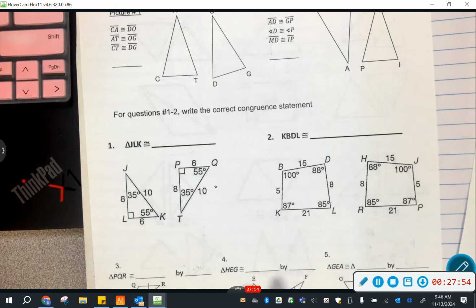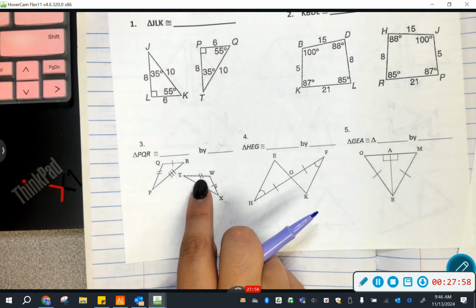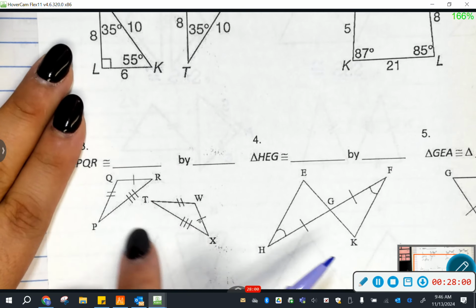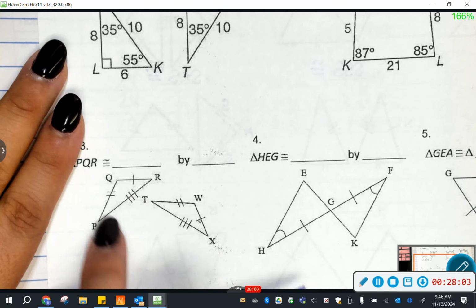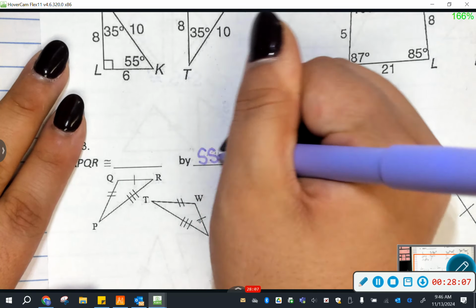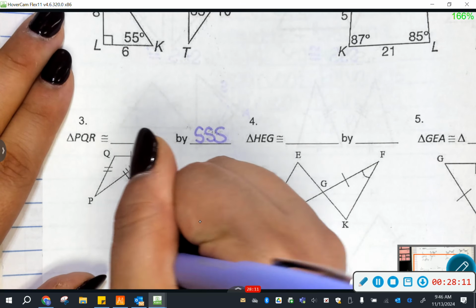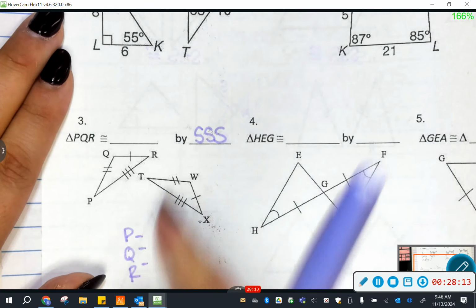On the back is all about congruent statements. So, can y'all look up real quick at number 3? What is my case type right here? So that goes in the second blank. And in the first blank, you're going to do your chart and figure out your letters that go in there.